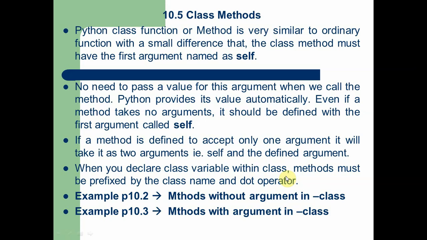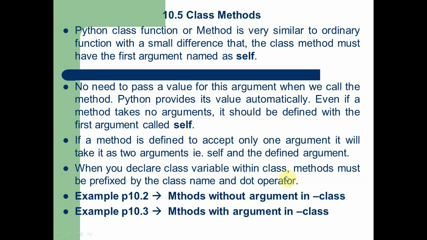The only difference between a normal function and a method in Python is this: whenever we create a function in general, we may or may not create an argument for the function, it is up to the user requirement.